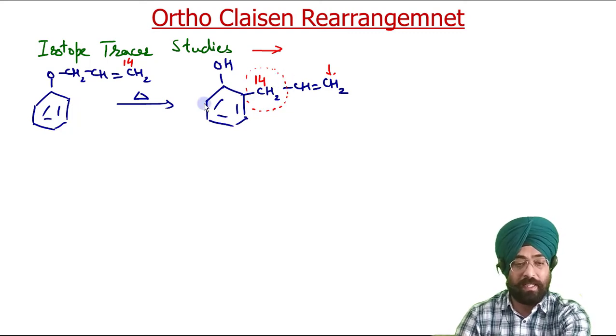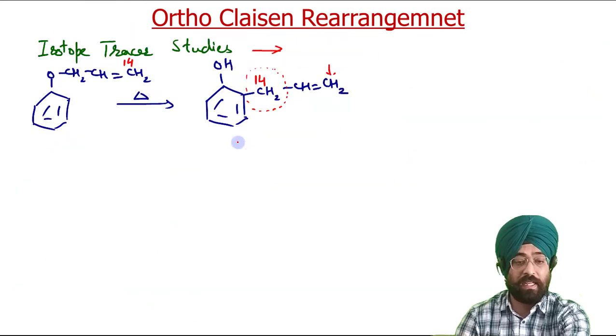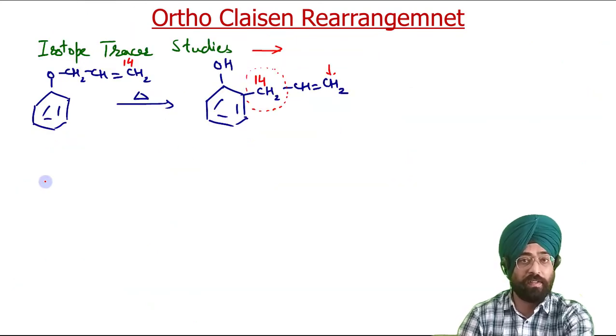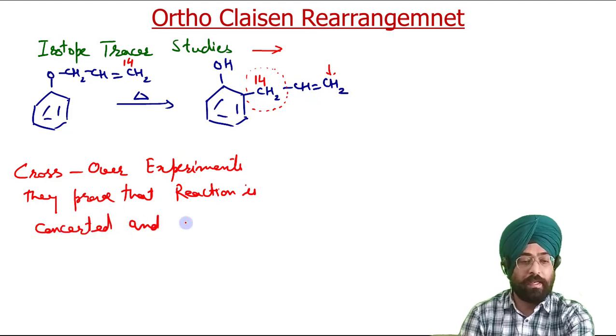So now second thing, how to show that it is a concerted mechanism, that the reaction takes place in a single step. This can be done with the help of crossover experiments. They prove that the reaction is concerted and takes place in a single step.